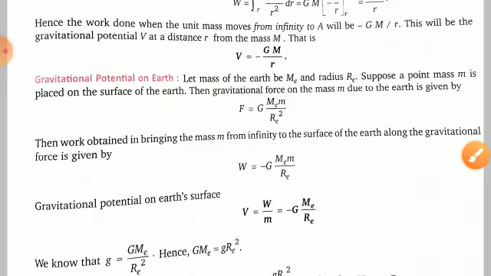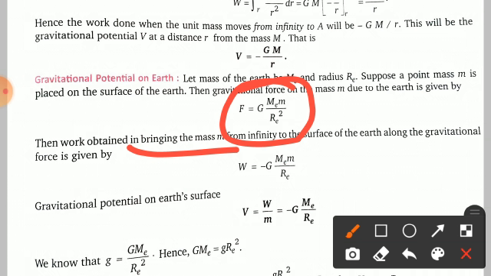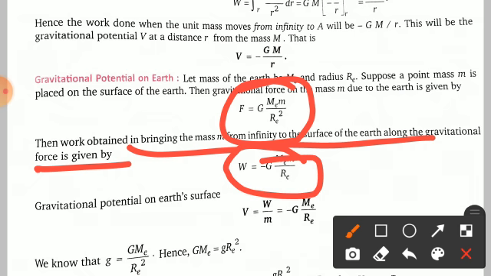Now what happens if we talk about the gravitational potential on the earth's surface? The same formula is used: F equals G Me by Re square, the force of attraction on the surface of the earth. The work obtained in bringing the mass m from infinity to the surface of the earth along the gravitational force is W equals minus G Me m by Re.